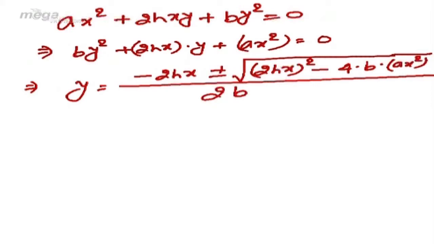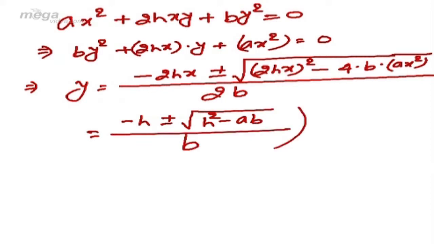From here student, you can take 4 common because it's a 2 square, and then that 2 and this 2 will get cancelled. You can also take x square common out of the root, it becomes x. So finally student, you will get minus h plus minus root under h square minus ab upon b into x. After the simplification, you will get this.